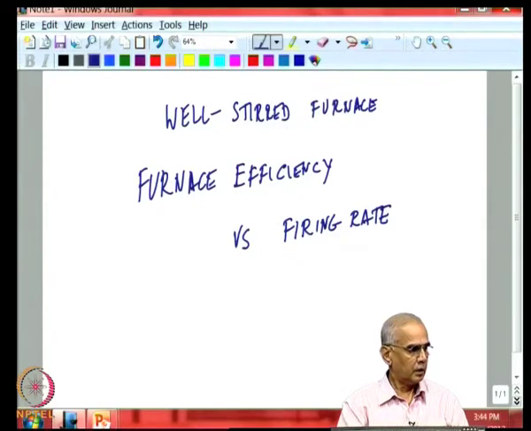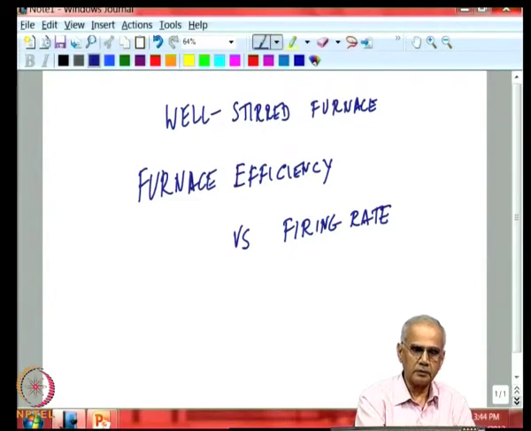And although this is a very simple model with several assumptions, one of them is that there is only one temperature for the gas.